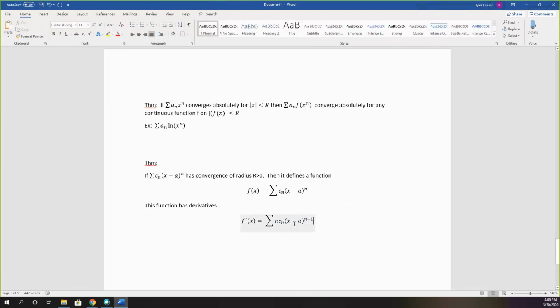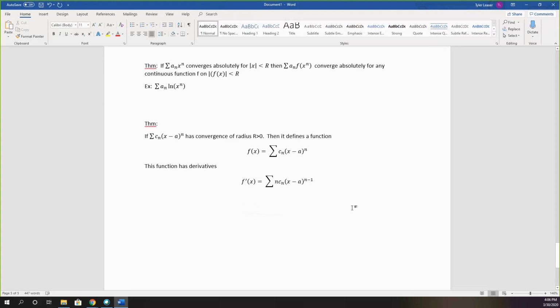This generates a new power series that would also converge, and it converges on the same interval. And we can keep taking derivatives over and over again by just bringing down more powers of n minus 1. This is going to be very important in the next section, so when we get to that, I'll refer back to this theorem.